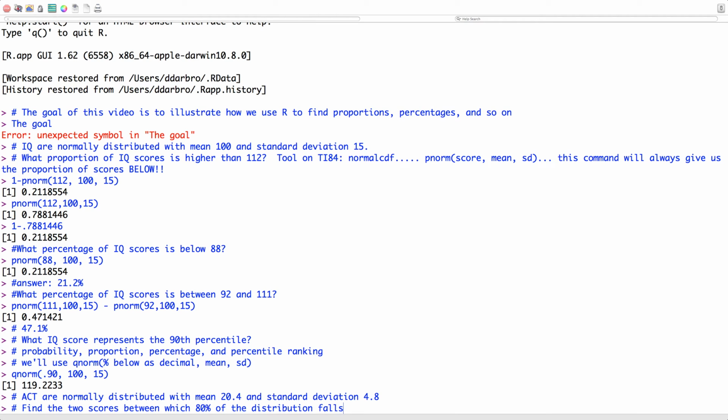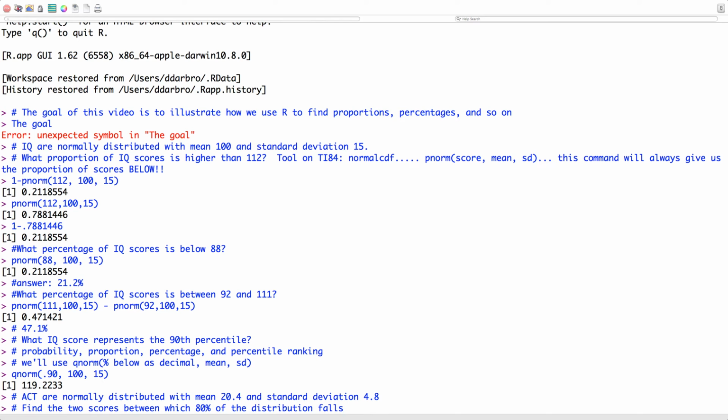All right, let's think this one through. If we look at a normal distribution and think about 2 points, 2 lines if you will, 2 scores, where 80% of the distribution falls between those two values. Let's focus on finding the left value.